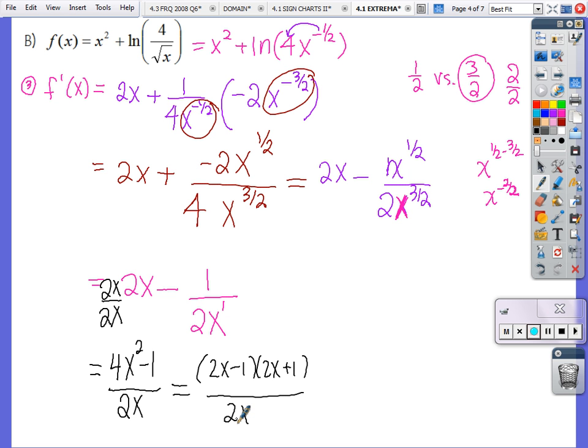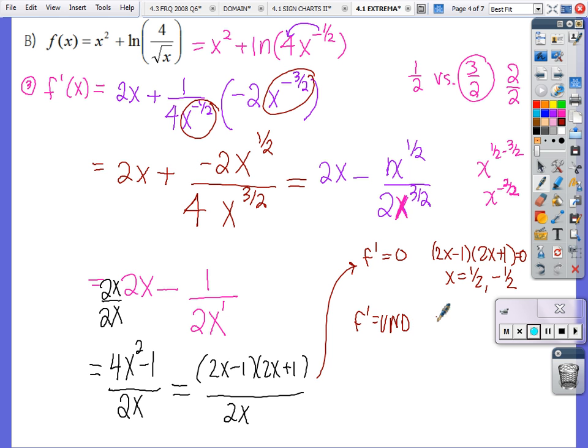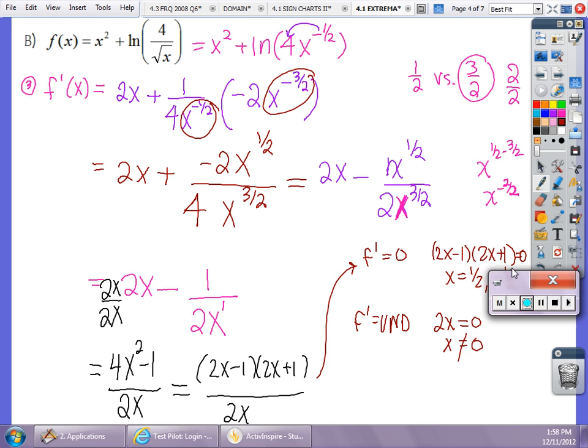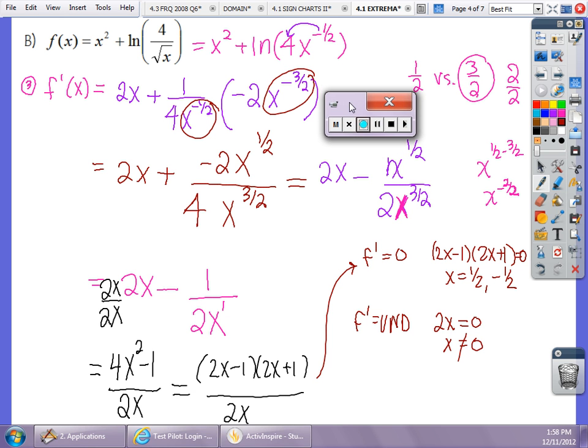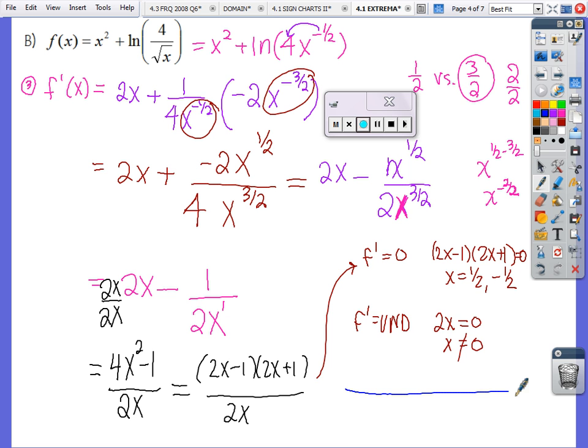So set my derivative equal to 0, and I would have 2x minus 1 times 2x plus 1 equals 0, x equals 1 half and negative 1 half. I get f prime is equal to undefined, which would be the denominator equal to 0, which is x equal to 0. The domain was that x is greater than 0, so that is actually not a value that we can use to find max and min.